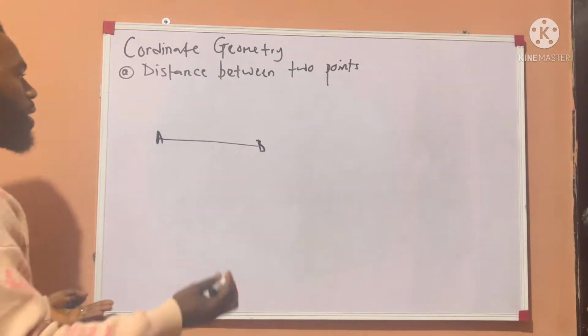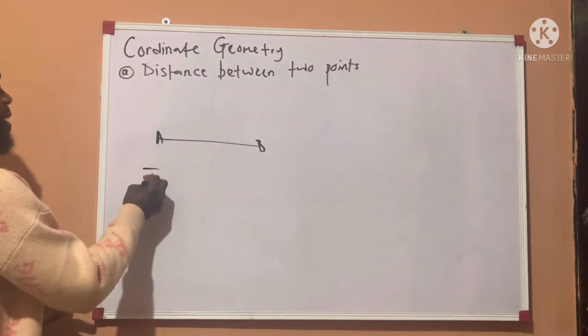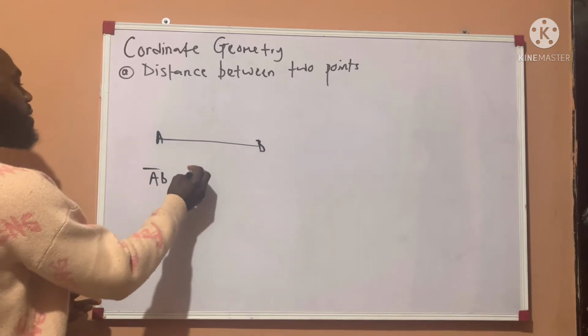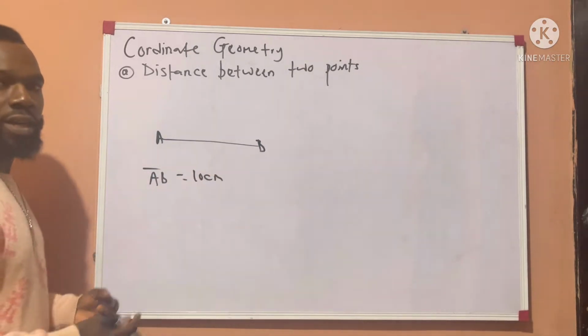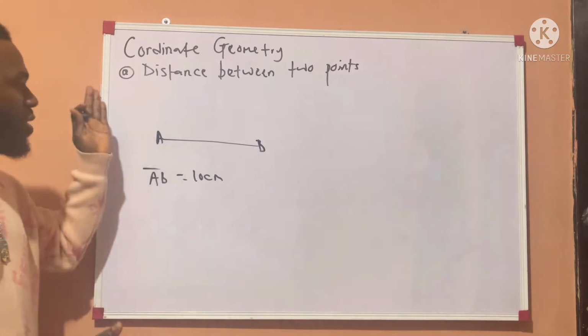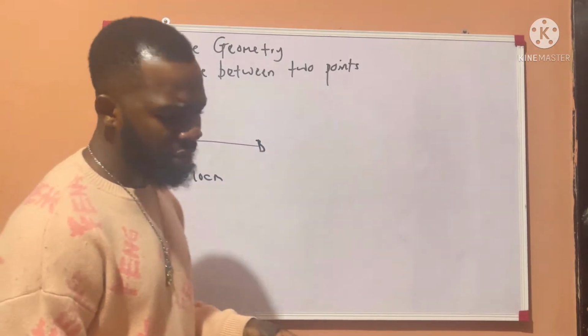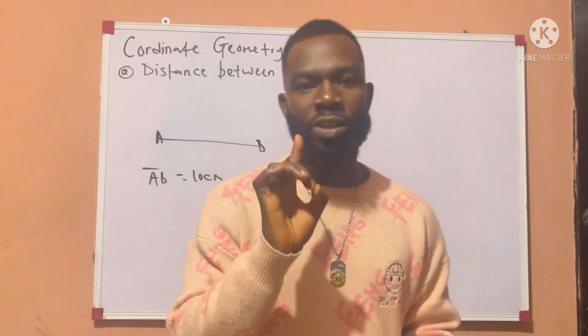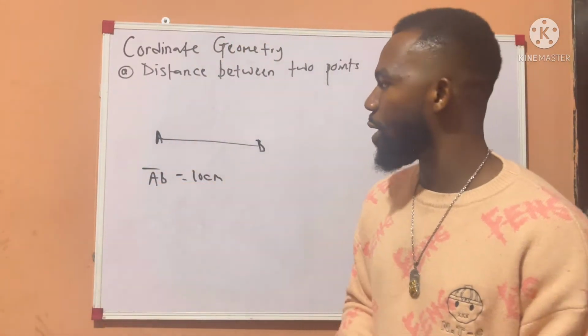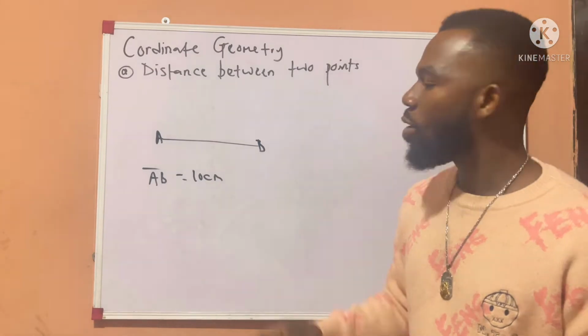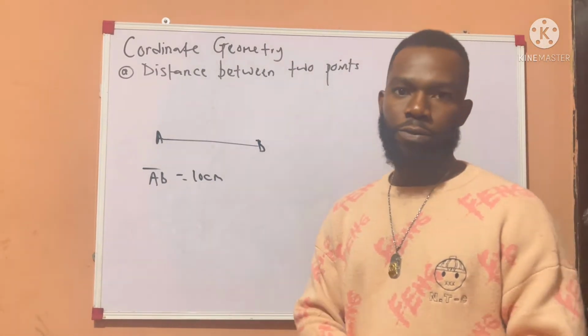So if we say the line AB is 10 centimeters, it simply means the distance between A and B is 10 centimeters. Another thing you should know is that the distance between 2 points can be on a straight line or can also be on a curve.